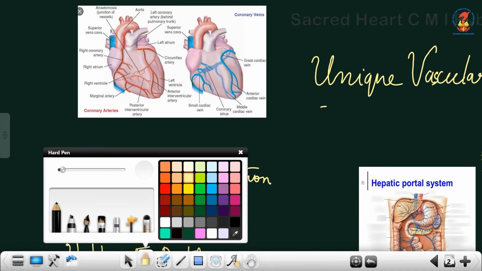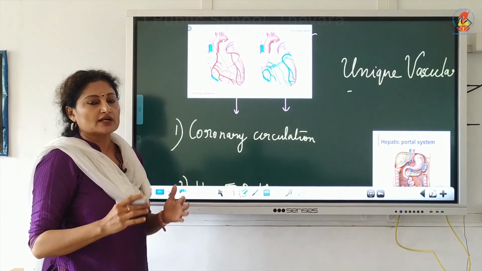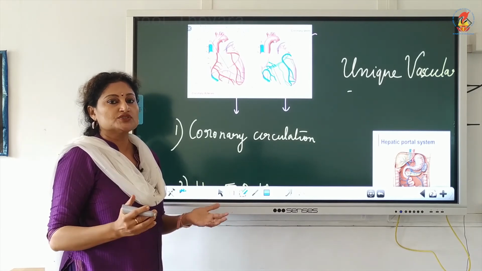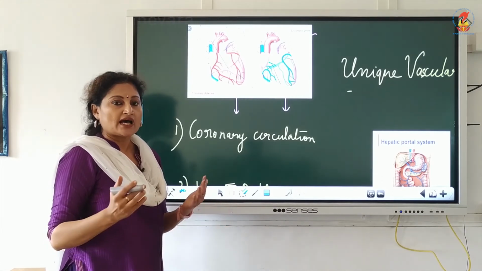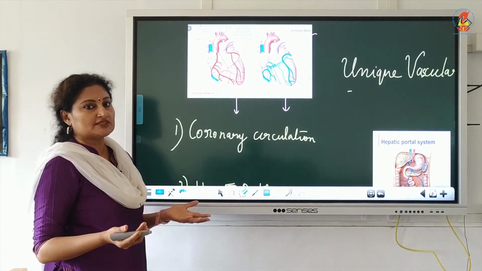Look, I have the picture of the heart depicting coronary arteries and the next heart depicting the coronary veins. So the heart musculature, the cardiac musculature, these are also cells. They require oxygen for cellular respiration, and after cellular respiration the byproduct is carbon dioxide, and so the blood gets deoxygenated.